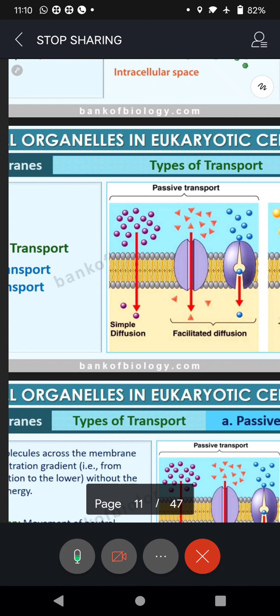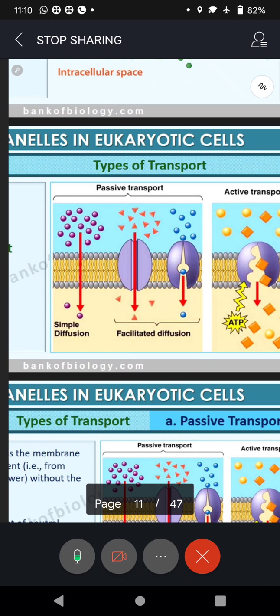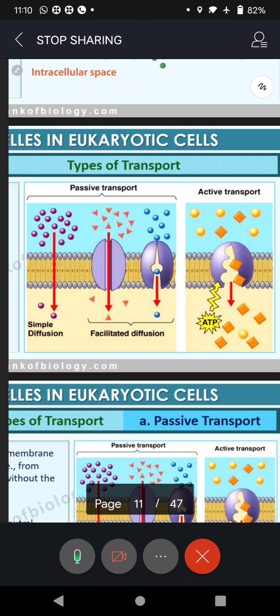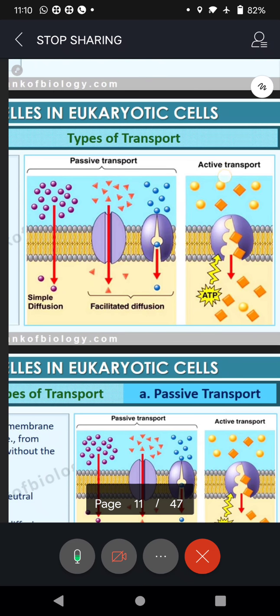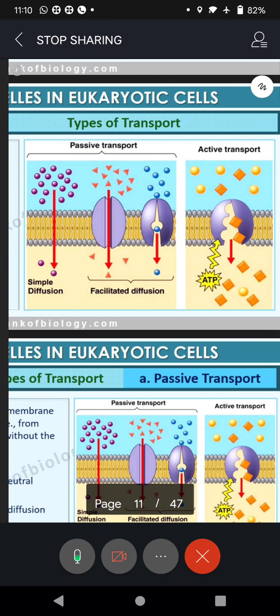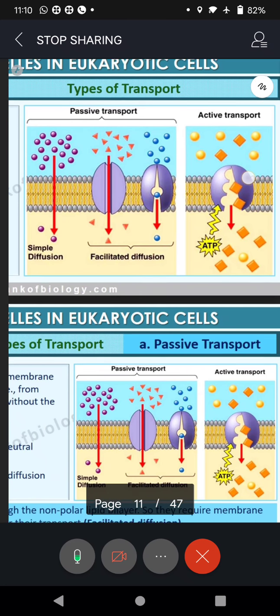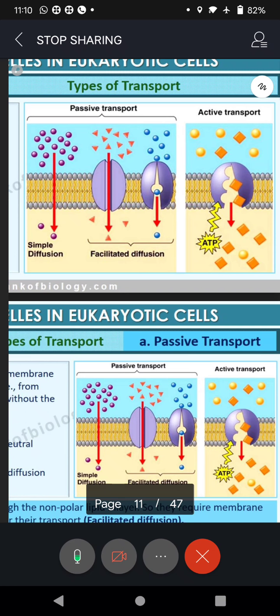This is simple diffusion. Facilitated means the diffusion is being facilitated, channelized through a particular way, and here some minimum energy will be involved. Whereas in active transport, I said there will be a lot of use of energy. Look at that, ATP is written. ATP means energy currency, I told you, right?